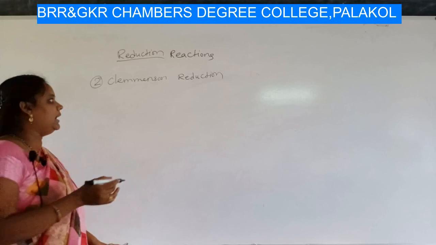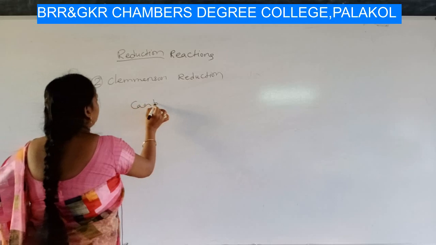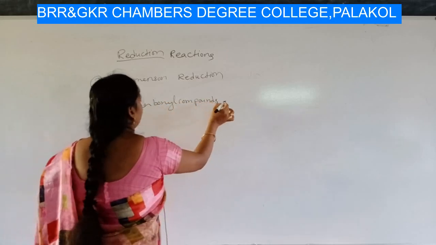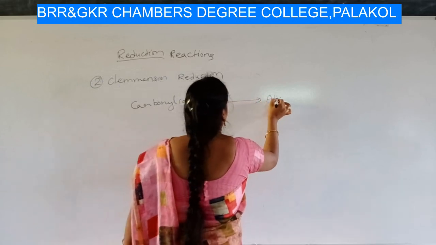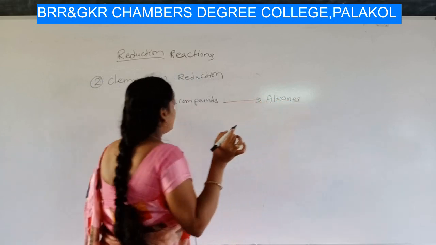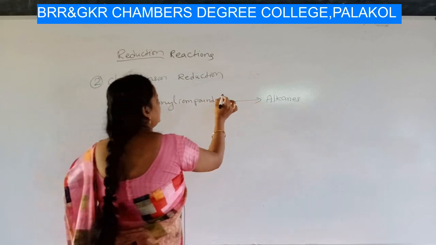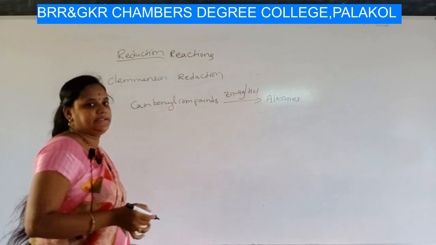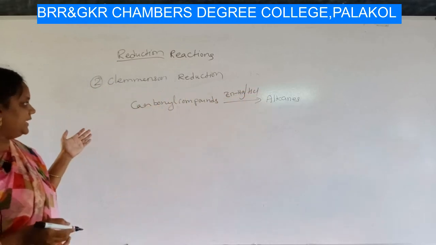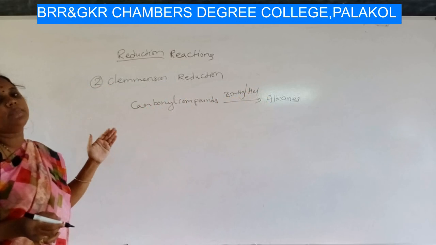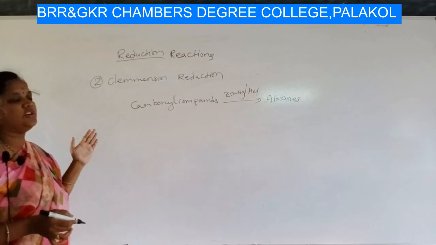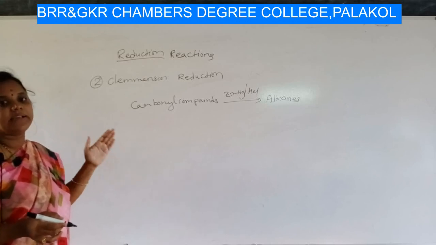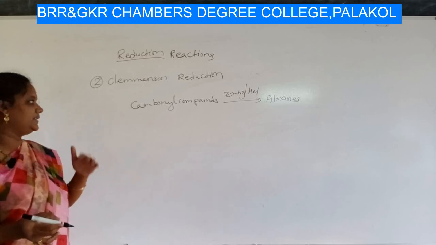Carbonyl compounds are converted into alkanes, and the reduction reagent is zinc amalgam and HCl. Carbonyl compounds are converted into alkanes in the presence of zinc amalgam and HCl.